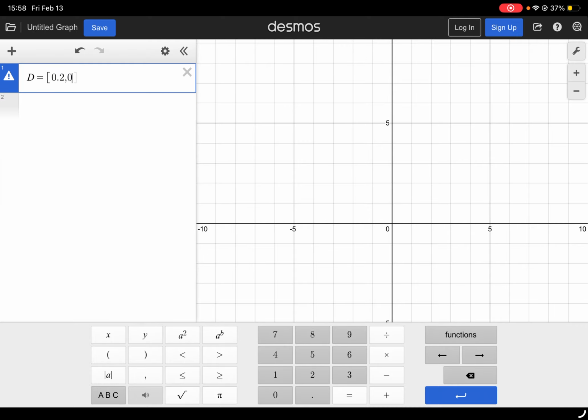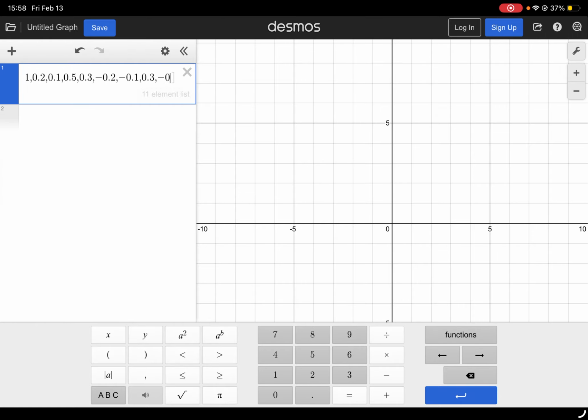So I have 0.2, 0.1, negative 0.1, 0.2, 0.1, 0.5, 0.3, negative 0.2, negative 0.1, 0.3, and I put an extra comma in there.